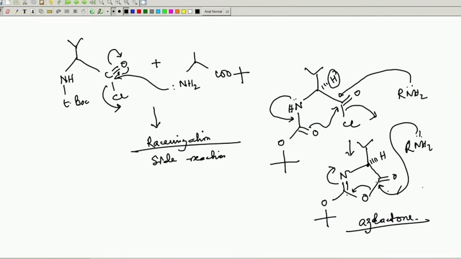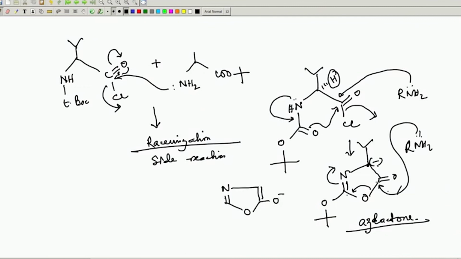Because if you remove this hydrogen, you make a negative charge, and now this negative charge will conjugate with the carbonyl. So, you have a double bond here that will be O minus, and then the whole thing becomes N double bond O and then O minus, with a double bond.